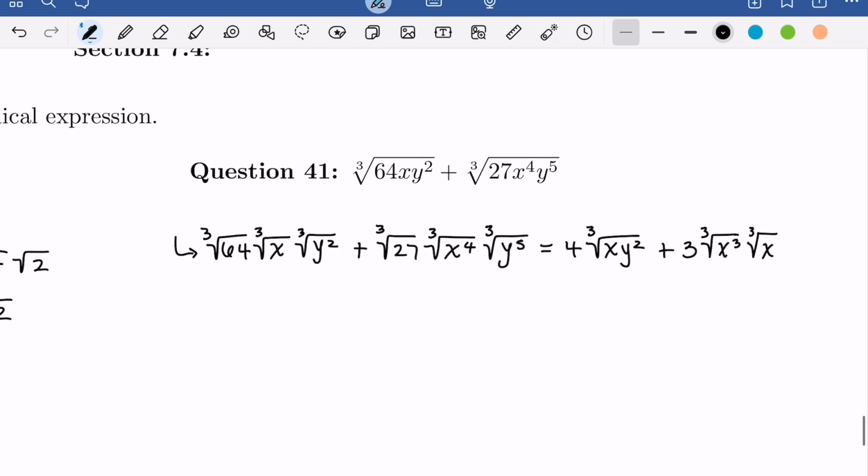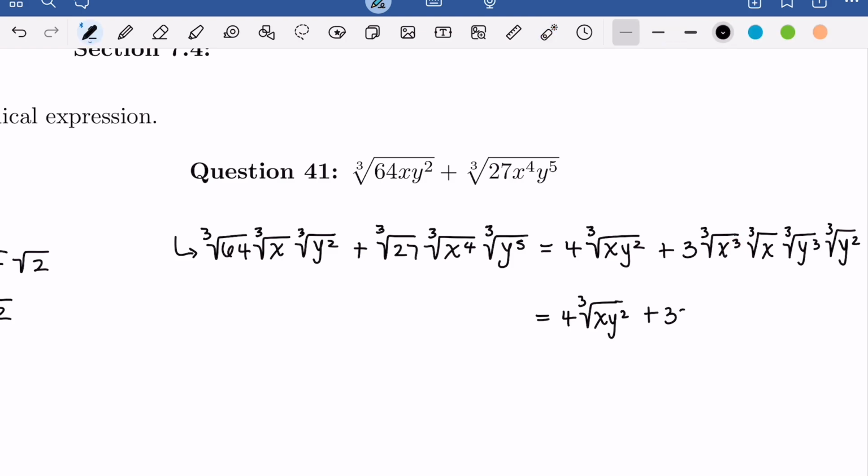So we can rewrite this as the third root of y cubed times the third root of y squared. All right, so this is going to be the same thing. Our first term here can't be simplified any further. But for our second term here, we still have this 3 out front, but then we have the third root of x cubed.